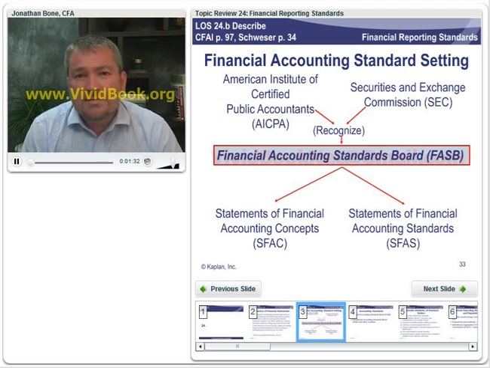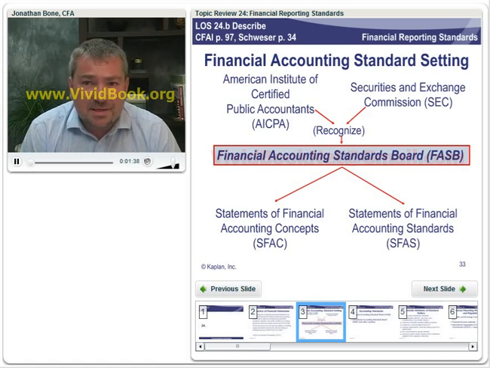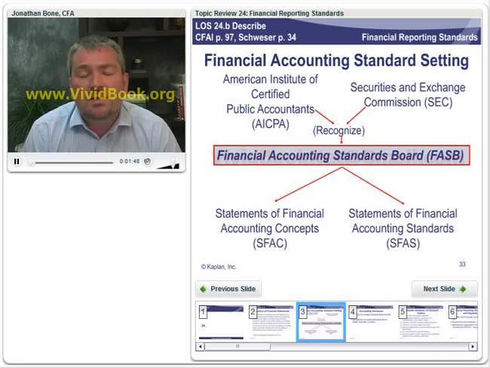This just gives us a little overview about how the system works in the US. You can see in our middle box there, we've got the Financial Accounting Standards Board. They're responsible for setting out the statement of financial accounting concepts. In other words, this is the framework of concepts that we're going to use to build accounting standards.